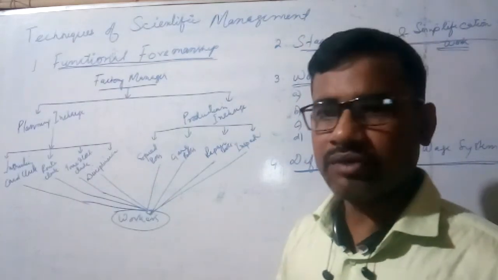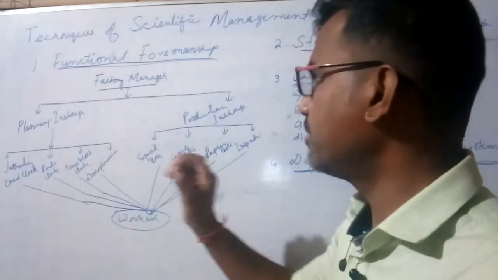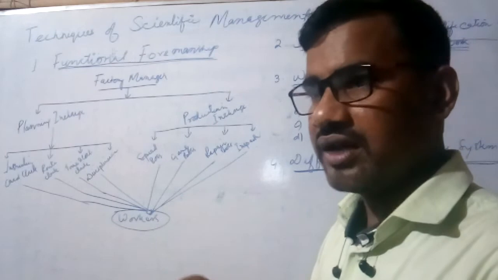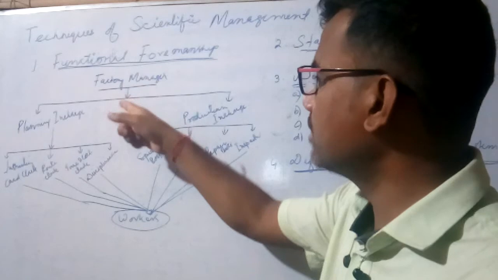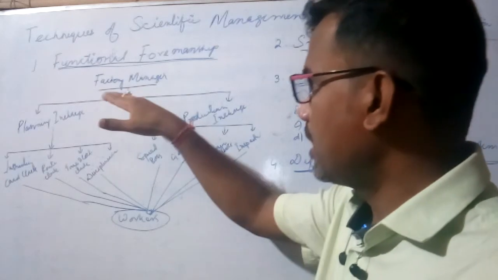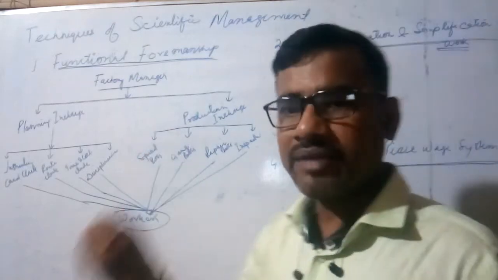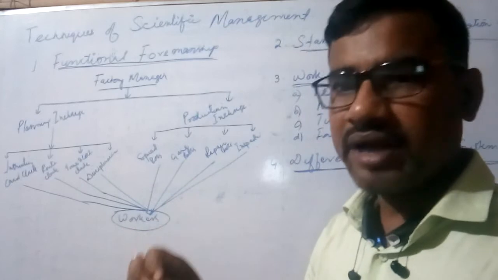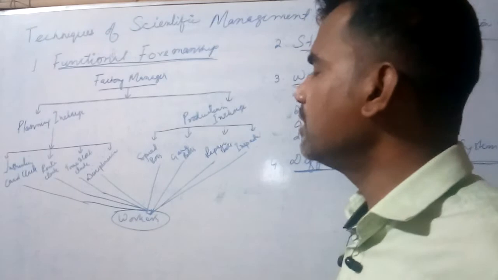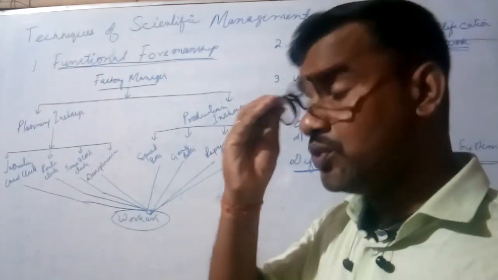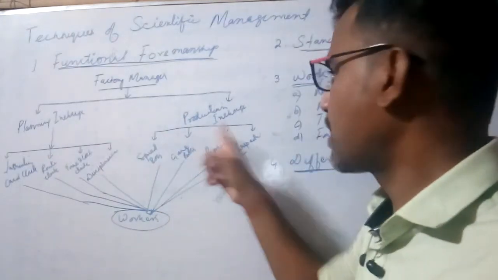Basically, at the factory level the workers are working, and he has given one diagram by which you can understand very easily how the work can be divided and scientificness brought in. According to functional foremanship, in factory level management the work should be divided in such a way that one factory manager should be headed under two in-charges. The first is the planning in charge, and the second is the production in charge.